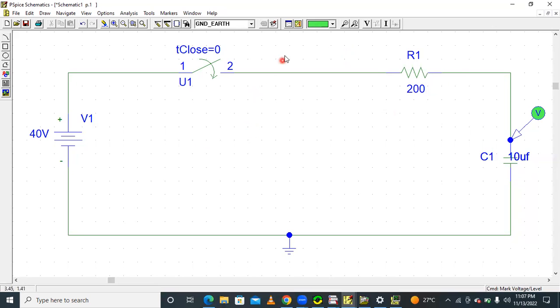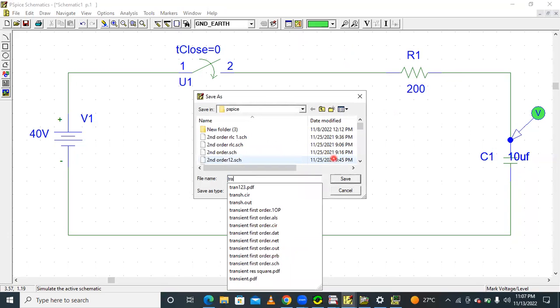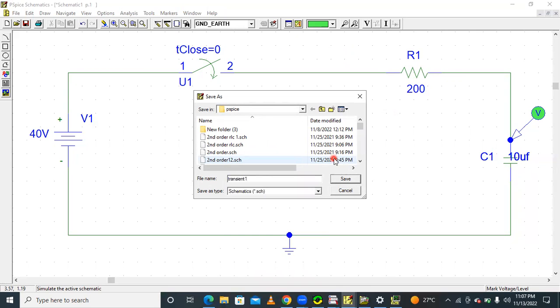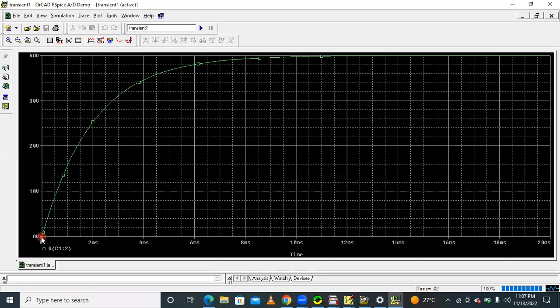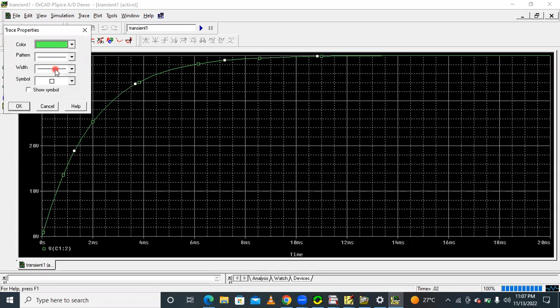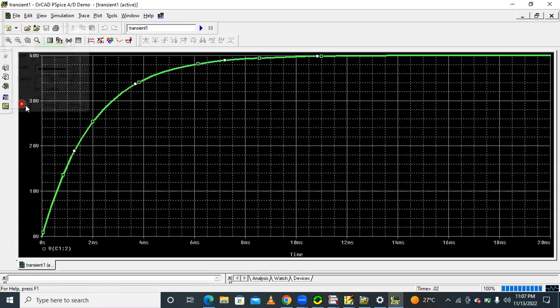After this, simulate, then transient. Okay, so like this, the voltage across the capacitor is exponentially increasing.